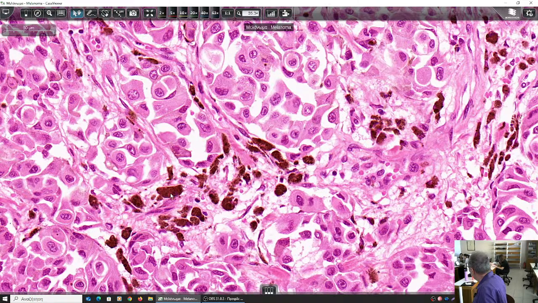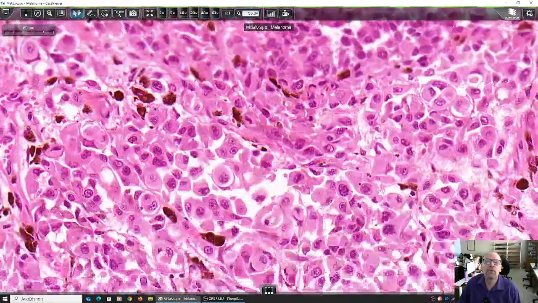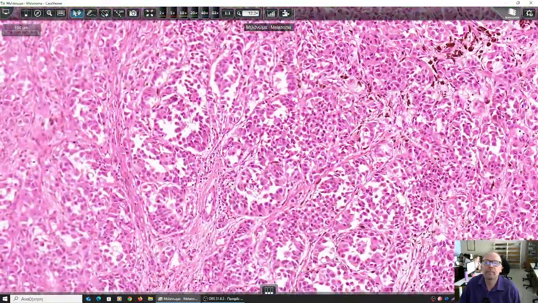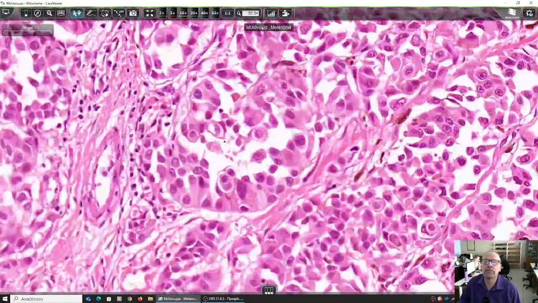I'm not sure, because in some cases there is some sort of melanin going from the basal layer to the dermis, and macrophages go and phagocytose the melanin. So I do not think that this is in the melanocytes. These are not melanocytes. So let's have a look at the other cells, not the melanophage, not the macrophage.